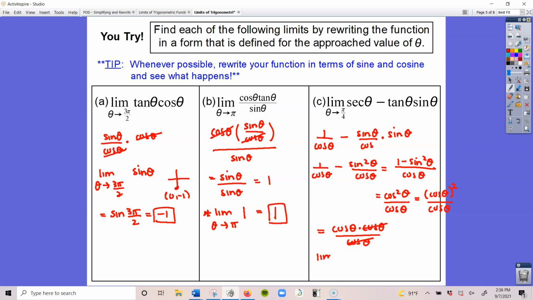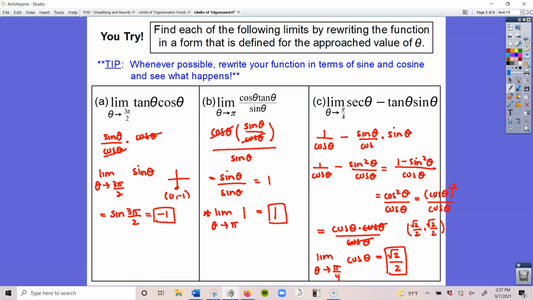So this is my limit as theta is approaching pi over 4 of not this anymore, but of cosine theta. And if you plug in pi over 4, if you look at your unit circle, the coordinate for pi over 4 is square root of 2 over 2, comma, square root of 2 over 2. And cosine and sine here are both the same, so my answer would be square root of 2 over 2.